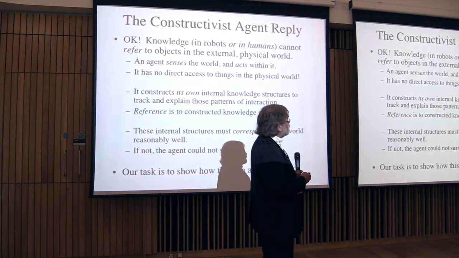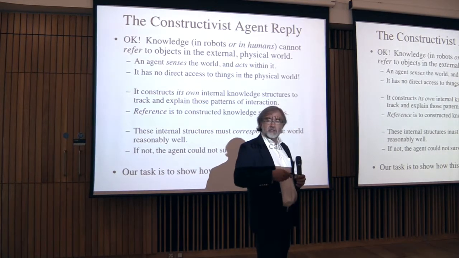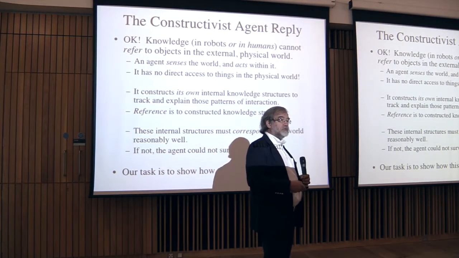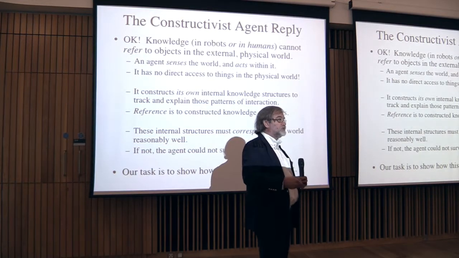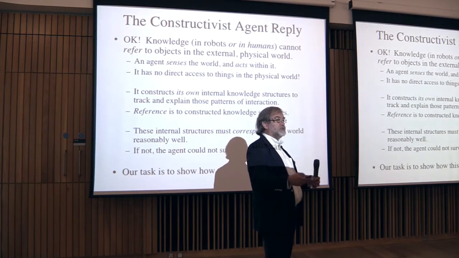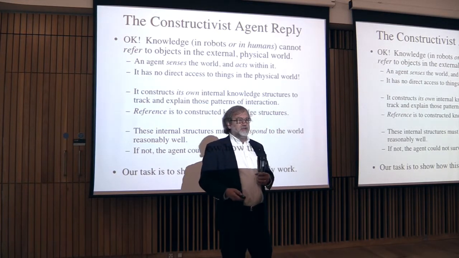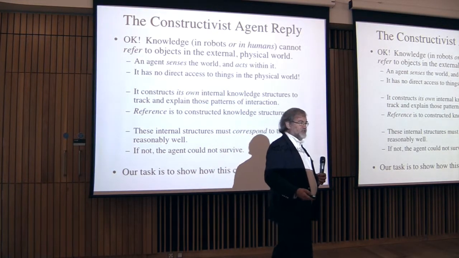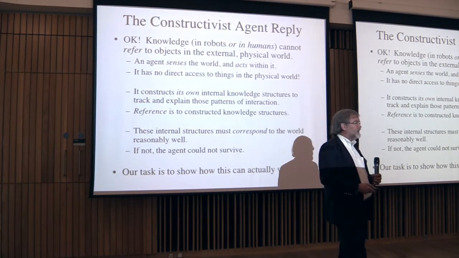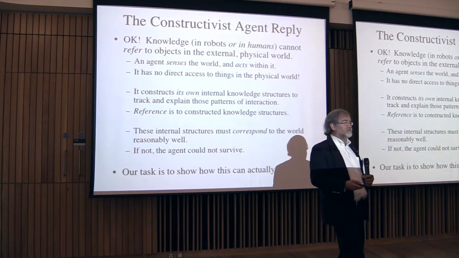But both in robots and also in humans, knowledge does not refer in the logical sense to objects in the external world, because objects in the external world are not the kinds of things that Tarskian reference can apply to. As a matter of fact, even having objects in the external world is kind of begging an important question, because you don't have access to that. You have access to pixels.